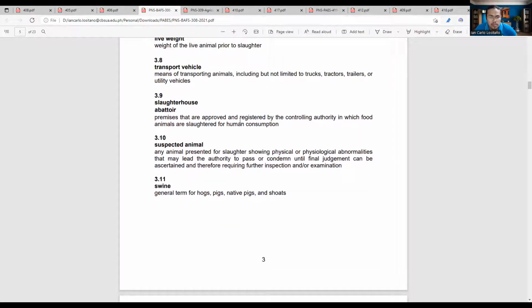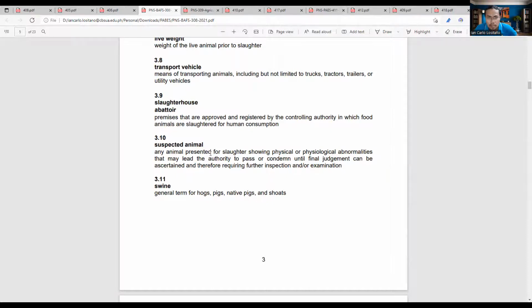This is in the Philippines, controlled or regulated by the National Meat Inspection Service. The cities and municipalities which have such a slaughterhouse or abattoir would have a deputized personnel that handles the checking or regulation of these slaughterhouses and abattoirs.